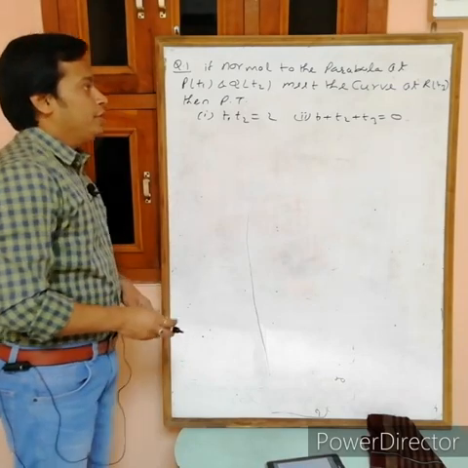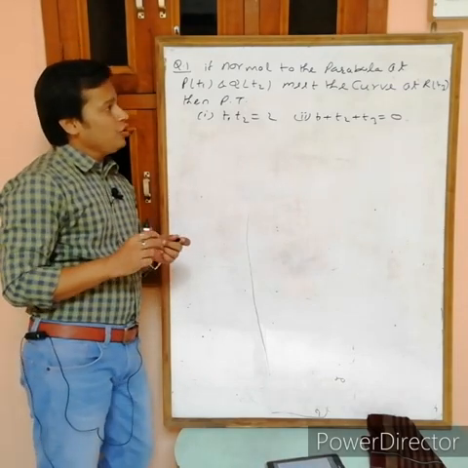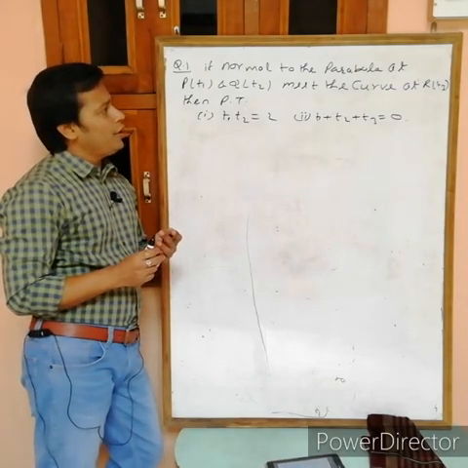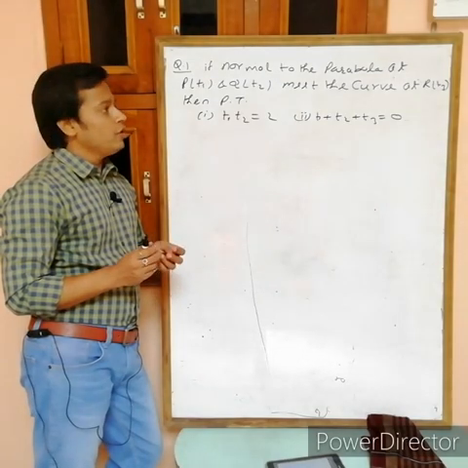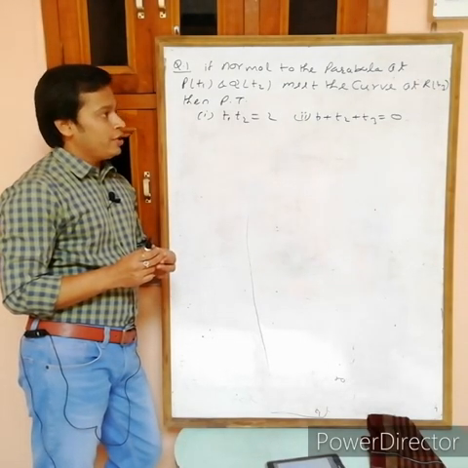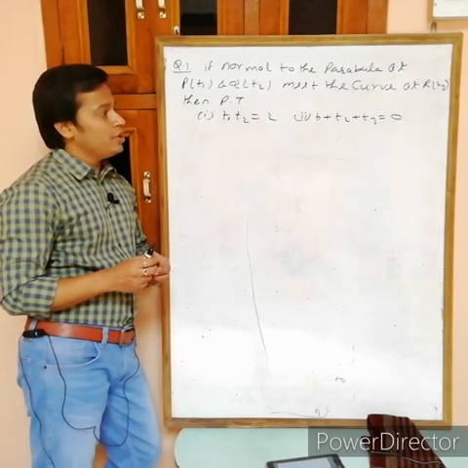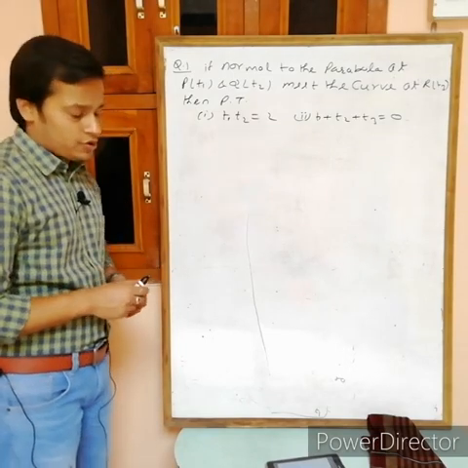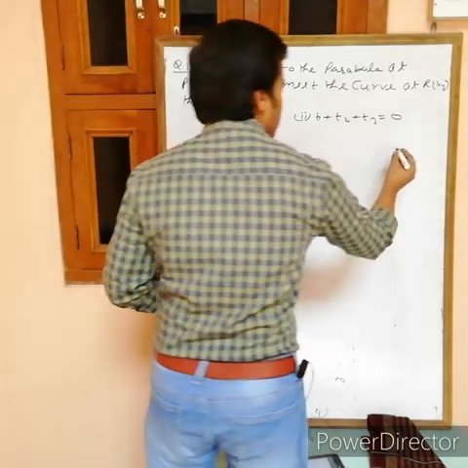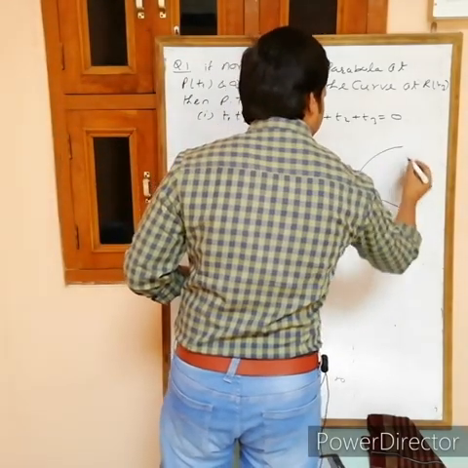Okay, now there is a question that normal to the parabola at P and Q meet the curve at R. It means at T3, and prove that T1 T2 equals 2, and second part is T1 plus T2 plus T3 equals 0. First, let me explain the question.